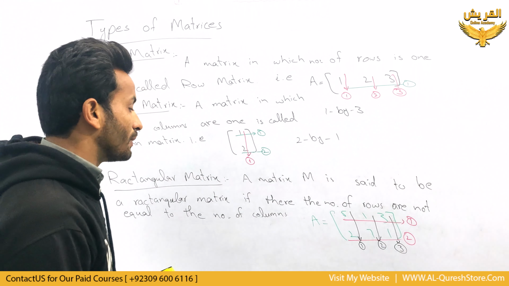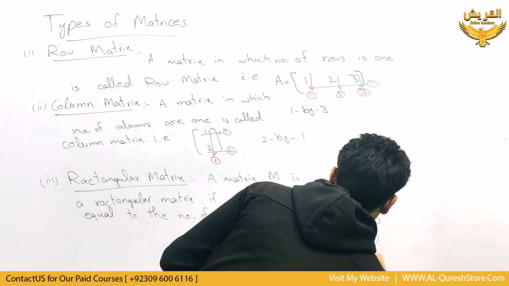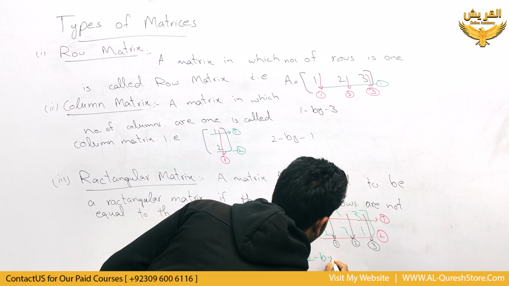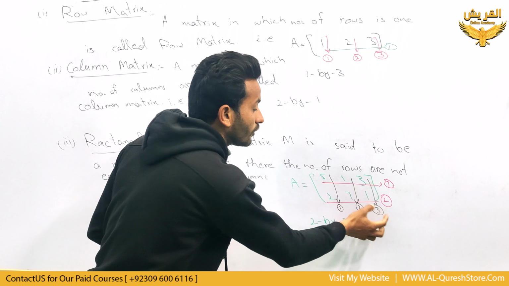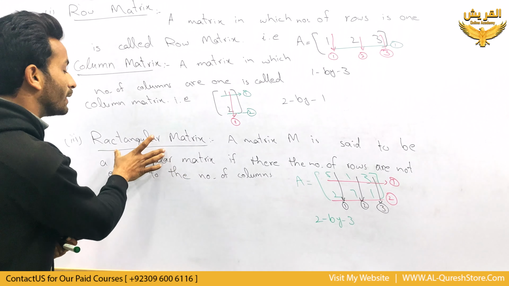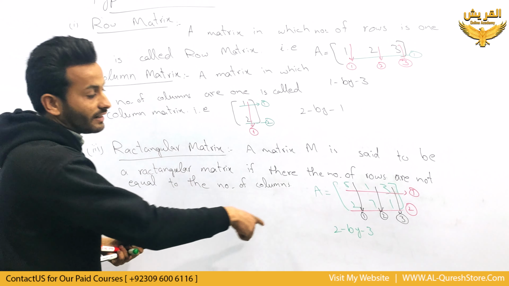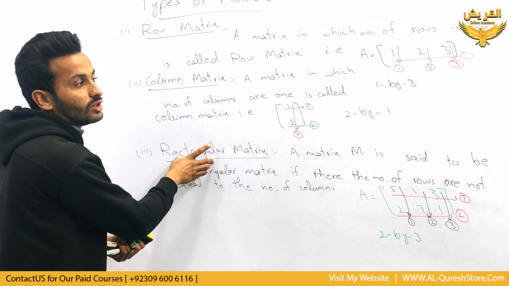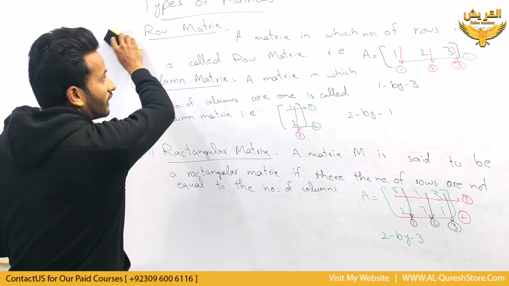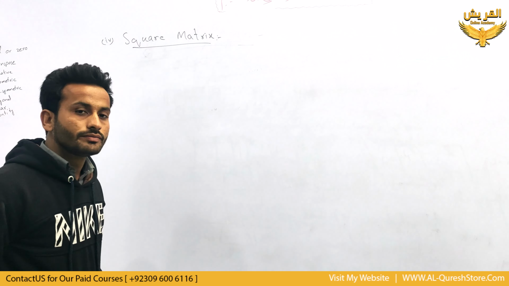So the order of this matrix is 2 by 3. There the number of rows is not equal to the number of columns. That's why this matrix is called rectangular matrix. It is in rectangular shape. That's why it is called rectangular matrix.